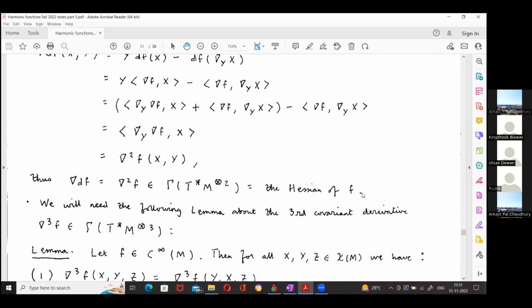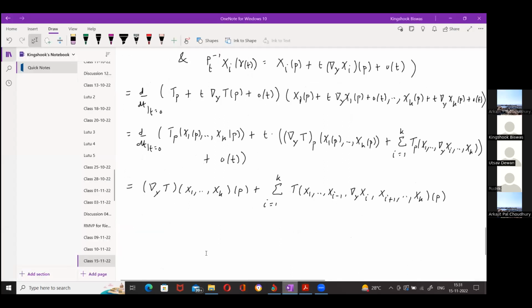Okay, so now let me make this remark. In Euclidean space, R^n, for a function f in C infinity of R^n, we had its higher derivatives, not covariant derivatives.